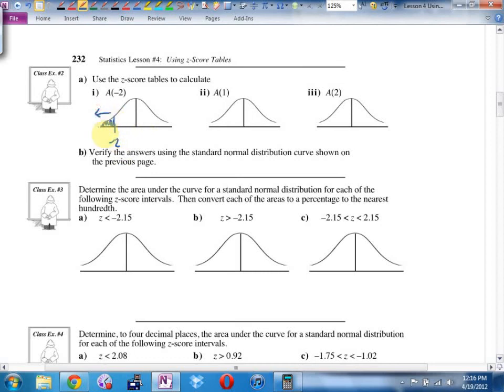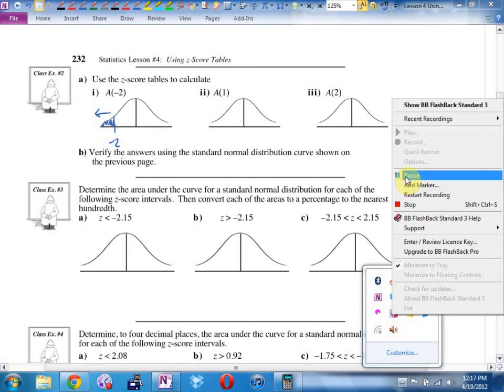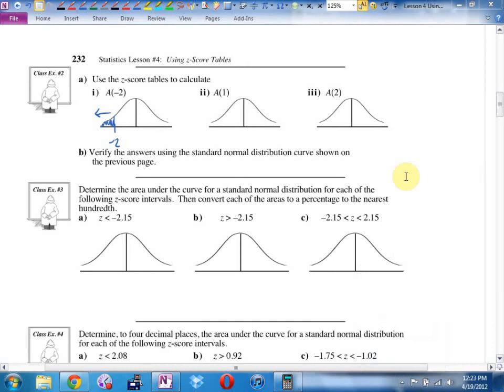From the table, now that we've turned the page, what is the area to the left of -2? So now that I've given you a Z-score, what is the area to the left of -2 from the table, please?